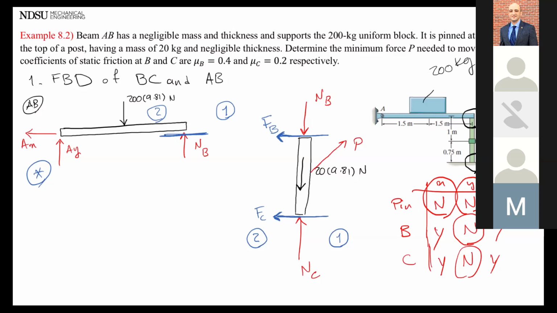From frames and machines, remember, when you took something apart, and then put it back together, we always said these should be opposite of each other, right? So someone already said it.